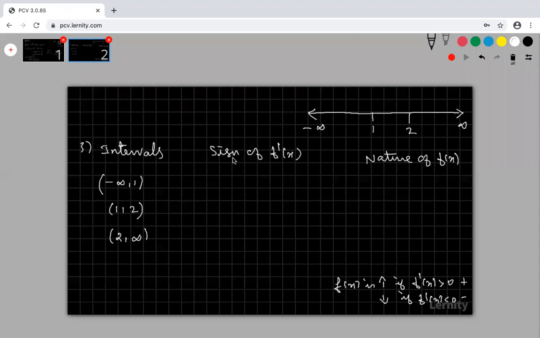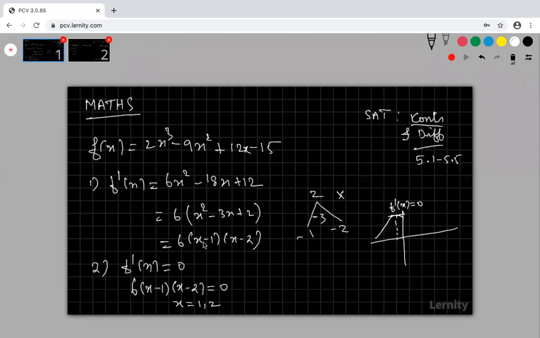Therefore, I'm going to find out the sign of f dash of x in this interval. For that, I'm going to take one value in this interval. I'm going to take 0. Don't take 1; this is an open interval. Take 0 and apply here: 0 minus 1 is minus 1, 0 minus 2 is minus 2.